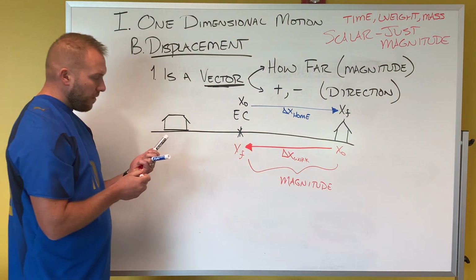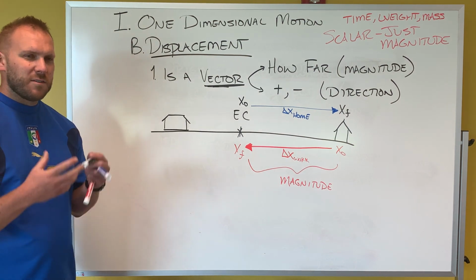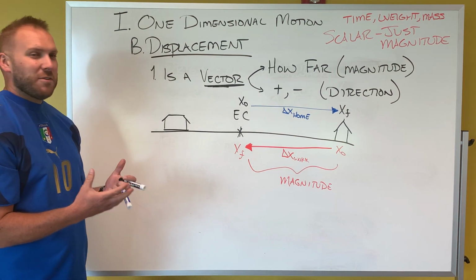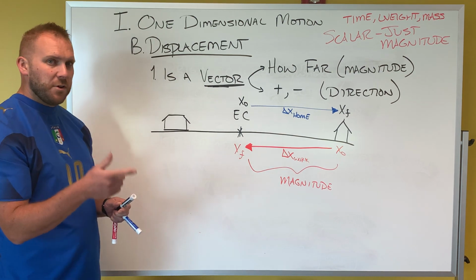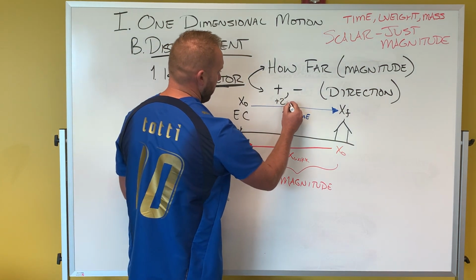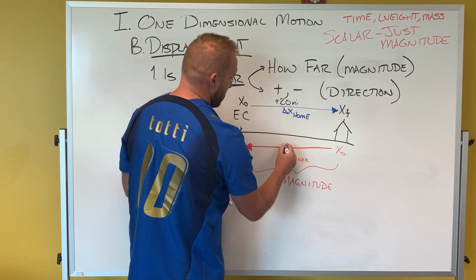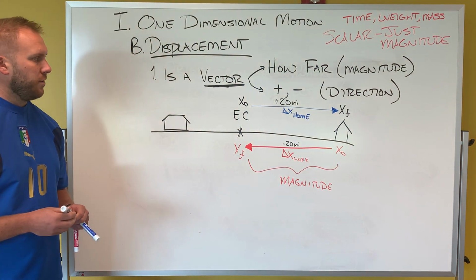Notice the magnitudes of those vectors are the same. The displacement in terms of its value is the same, it's 20 miles. But they're different because this is a positive 20 miles and this is a negative 20 miles. So the direction does make them different.